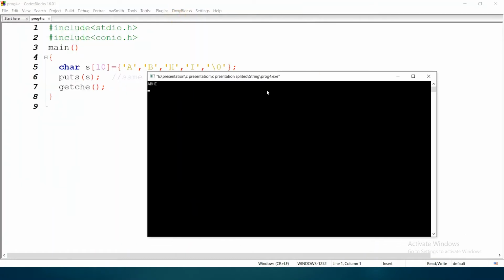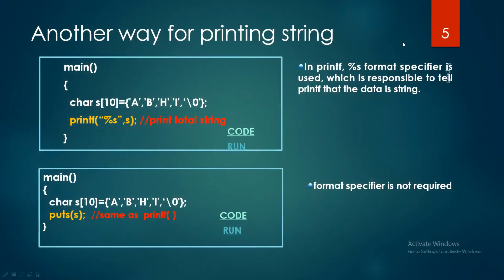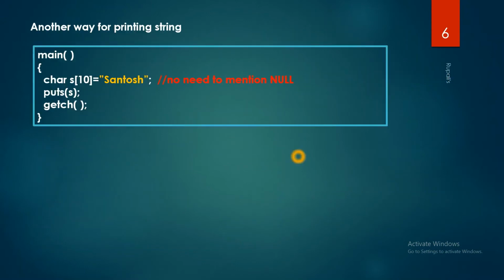It is OV. In this way, you can also use puts with the base address of the array. You can also give &s[0] here in place of s.